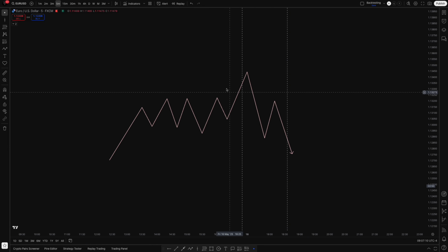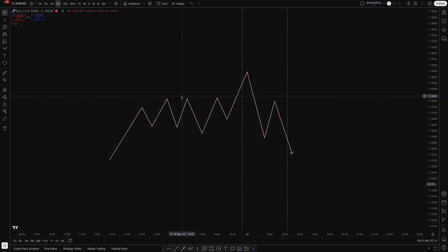All right, so in this 1 hour time window, what we're going to focus on is, first we're going to see a run on liquidity. So what is liquidity? I'll quickly explain. Liquidity is where retail traders and the masses put their stop losses. So when we have something like this, a range, liquidity will be resting on both sides of this range, all right?